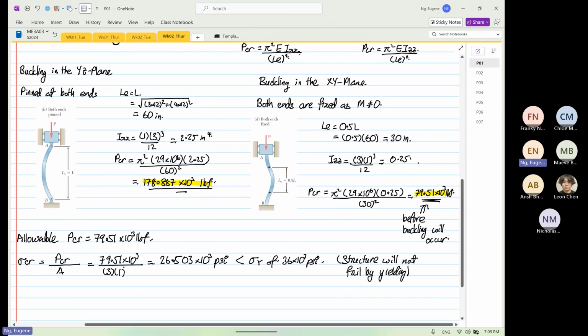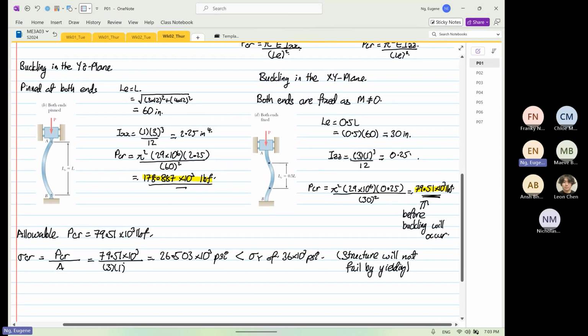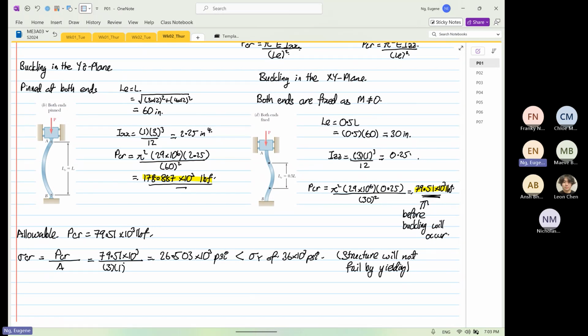And then we calculate the critical load that the structure BC can take due to buckling is 26.503, which is below 36 times 10 to the power 3 pound force. So this is where we last stopped.